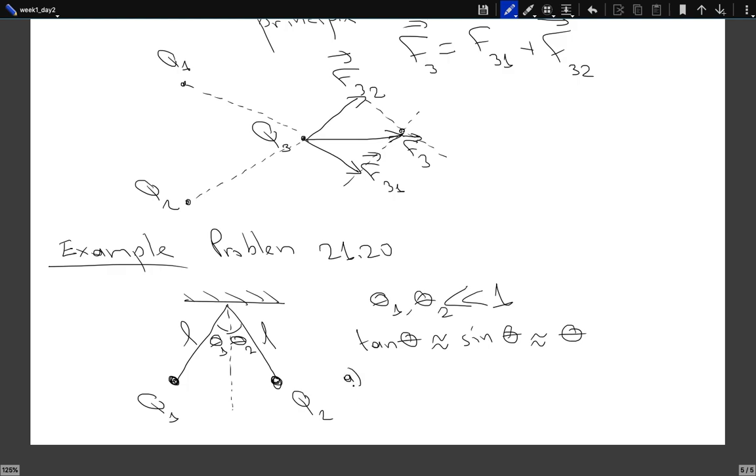Okay, in part A, it says Q1 is equal to Q, Q2 is equal to 2Q, and M1 is equal to M2 is equal to M. If these are satisfied, what can you say about theta 1 over theta 2?